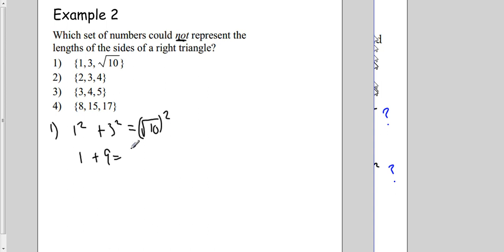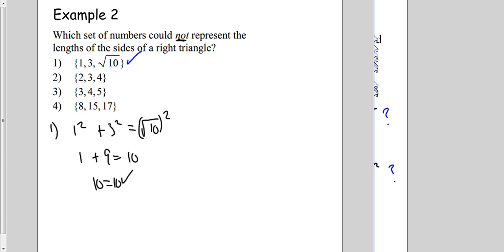Radical 10 squared, you're going to lose the radical and get whatever's under it, you get 10. 1 plus 9 is 10, so 10 does equal 10. So this does satisfy the Pythagorean theorem. So these lengths could represent the sides of a right triangle. We're looking for the one that could not represent the lengths of a right triangle.